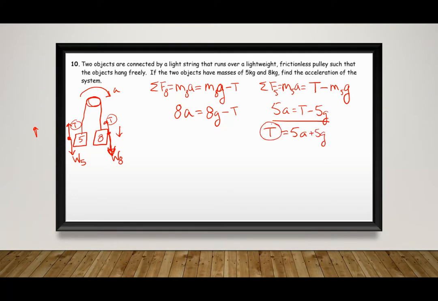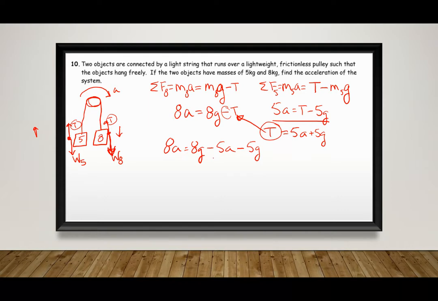And then I'm going to use substitution and move that over here. Okay. So I get 8a equals 8g minus 5a minus 5g. The reason it's minus is because I need to make sure that I don't forget to distribute my negative there, or my negative value there.